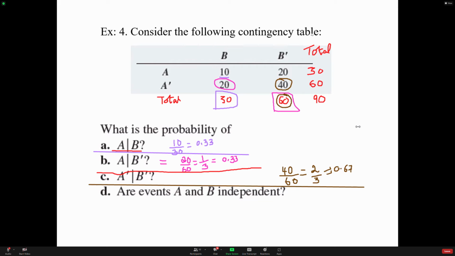Anyone got any questions? All right. Then can you answer part D?